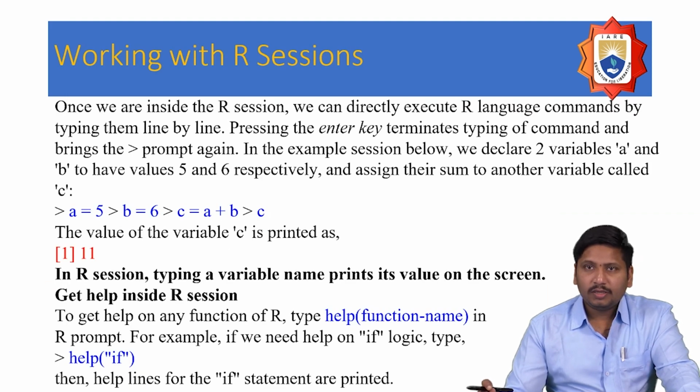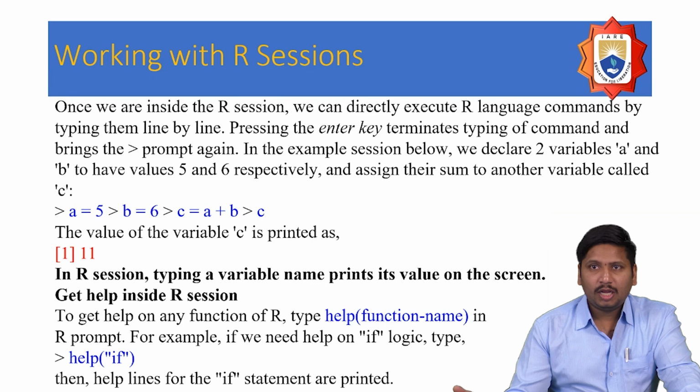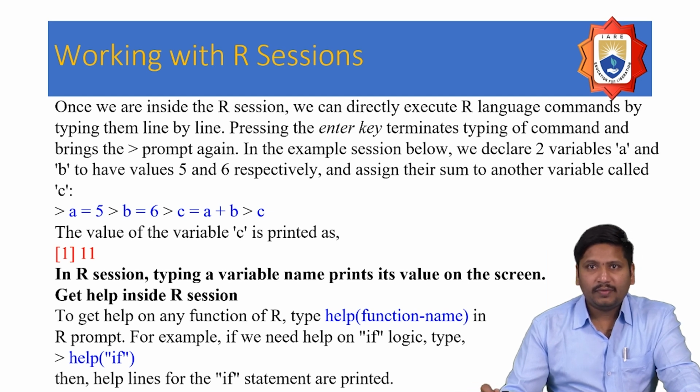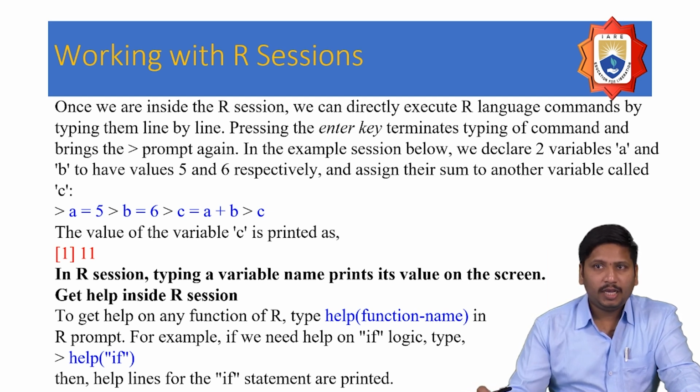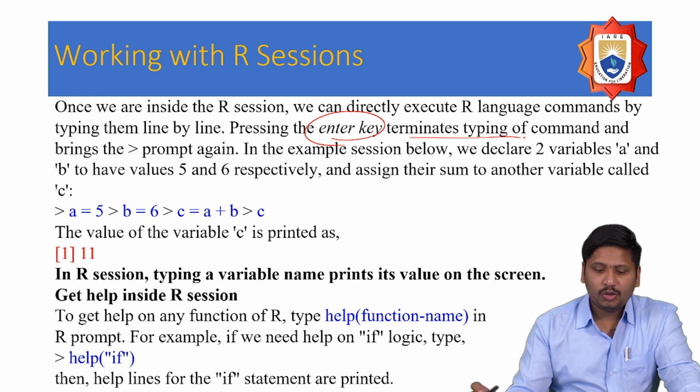See here, working with the sessions, like what I said just now: how to take the variables and how to initialize the values to the variable. Inside R, you can directly execute the R language command by typing line by line and then pressing enter. The enter key terminates the line of that command, and it also prints the next prompt.